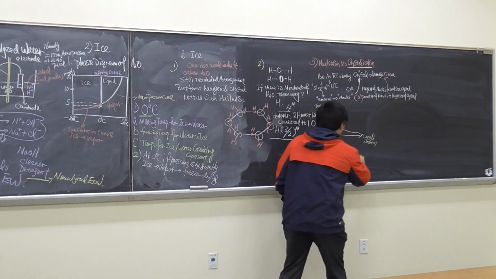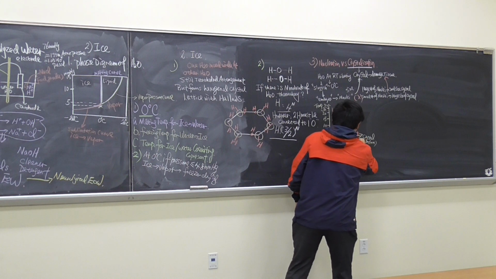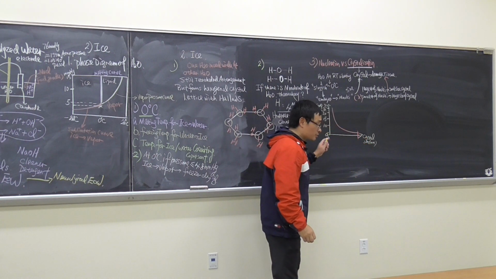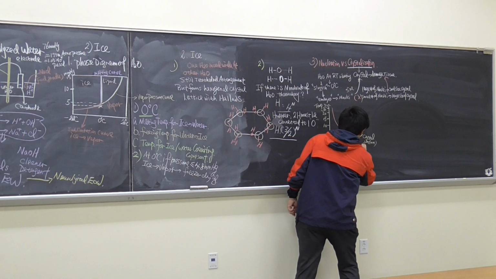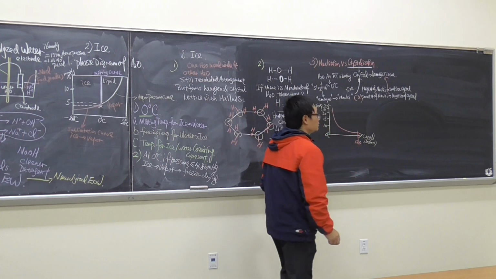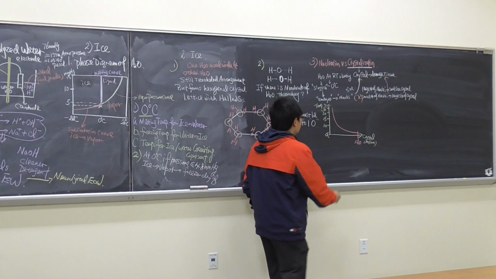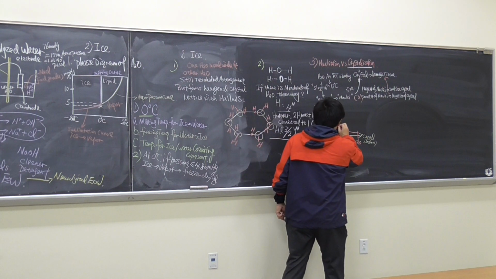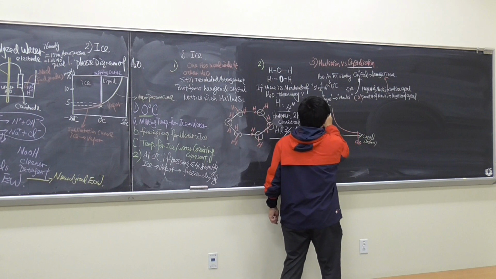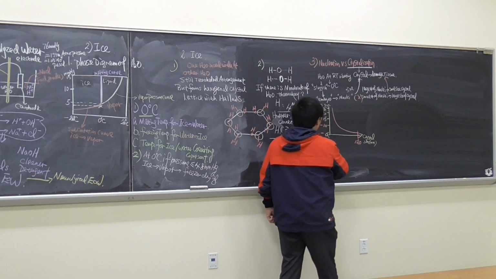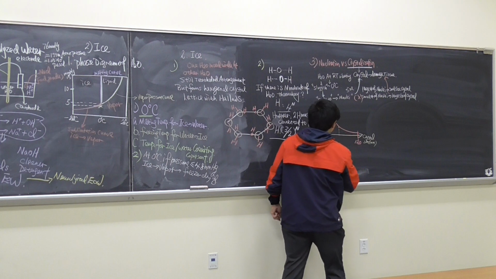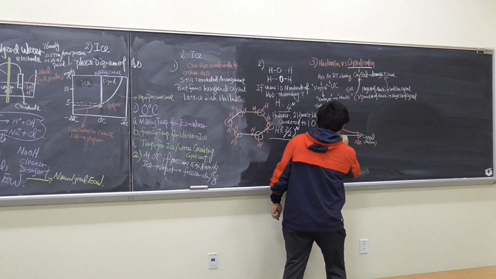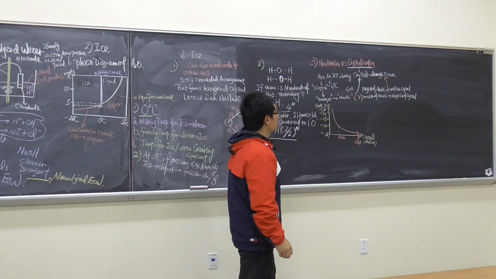I tell you one thing. At 0 degrees Celsius, the crystal size is almost 120 millimeters. At minus 10 degrees Celsius, it is almost 50 to 60 millimeters.